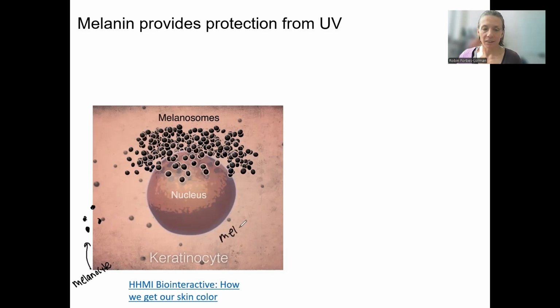This is a melanized keratinocyte, singular in this case, because there's one nucleus, and it is protected from the sun. It's wearing a sun hat. This is helpful for UV protection, right?